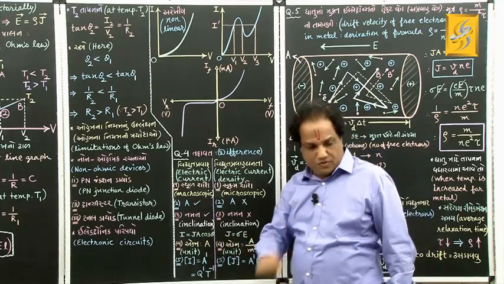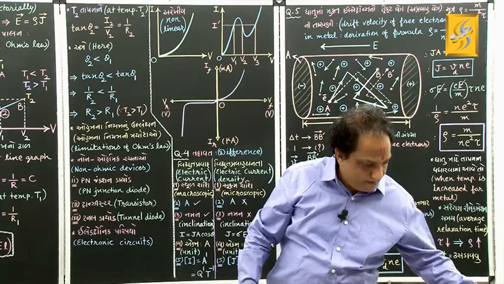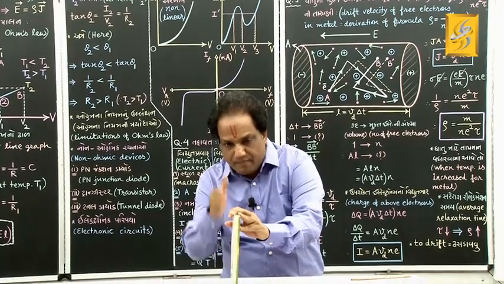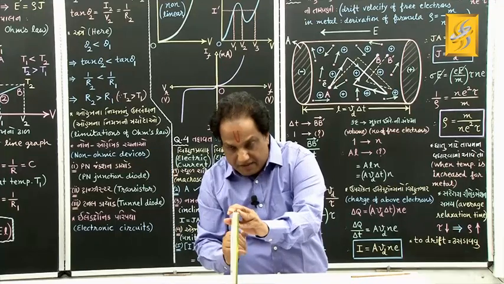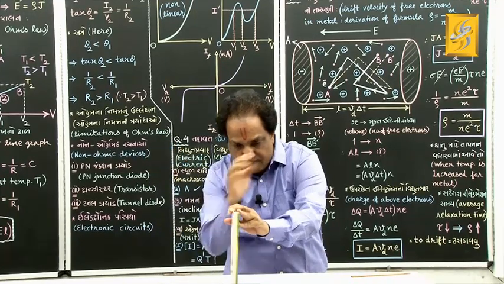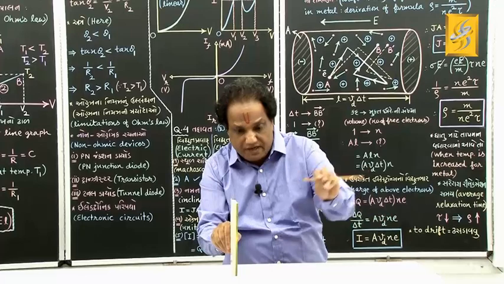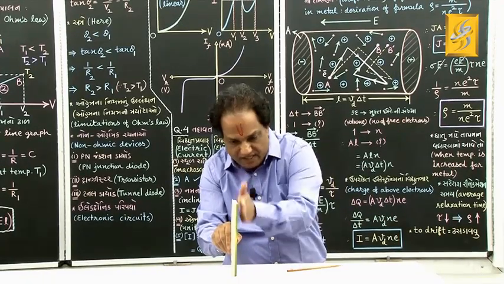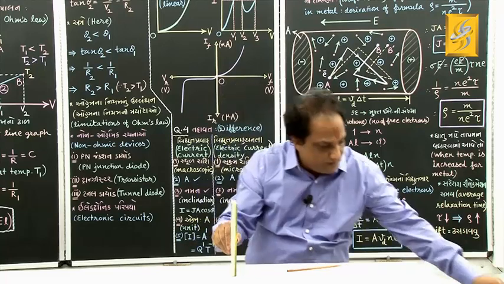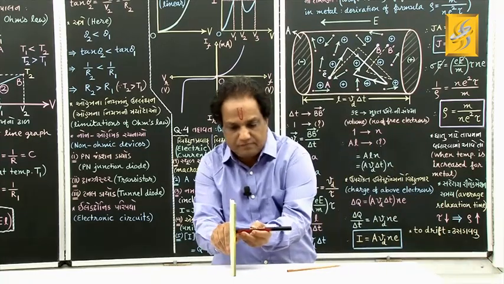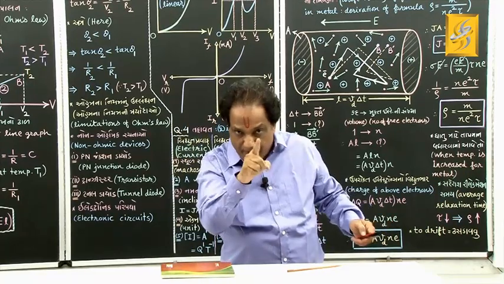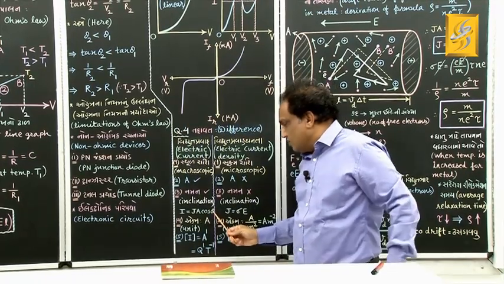Why? Look, if this is the face considered perpendicular to the direction of electric current, suppose electric current is flowing this way, then you will consider electric current density also in the same direction. And if the face is like this, then its area vector will also be in the same direction. So vector J and vector A are in the same direction, then theta is 0 degree.